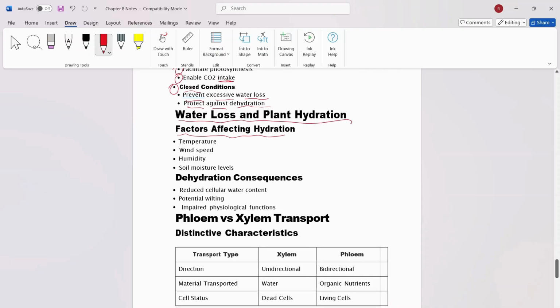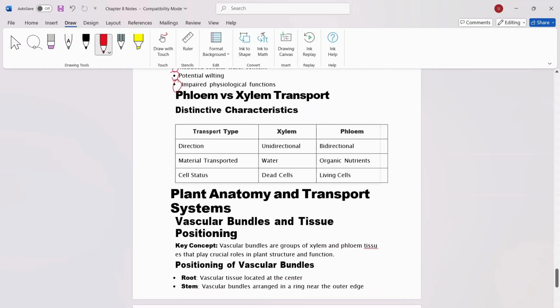Factors affecting hydration: number 1, temperature; number 2, wind speed; number 3, humidity; and number 4, soil moisture levels. Dehydration consequences can be reduced cellular water content, potential wilting, and impaired physiological functions.